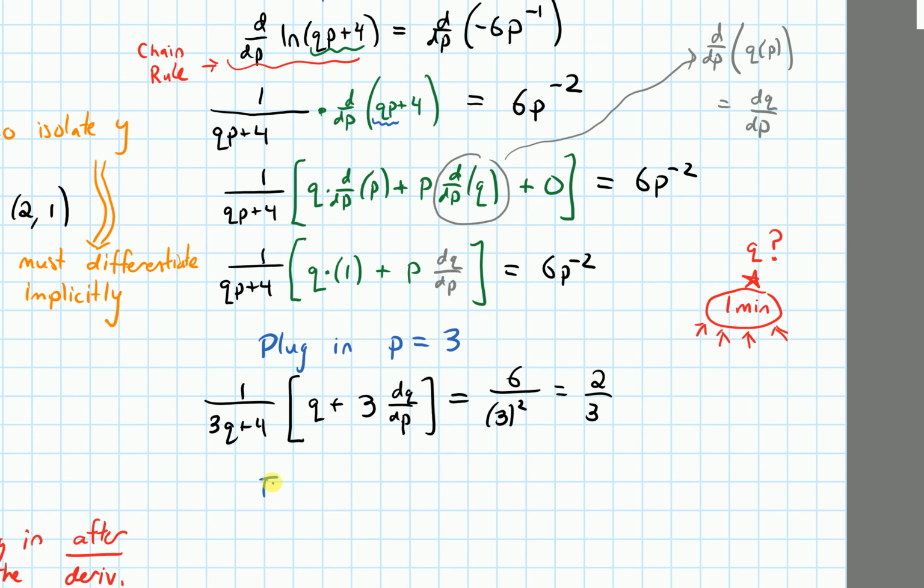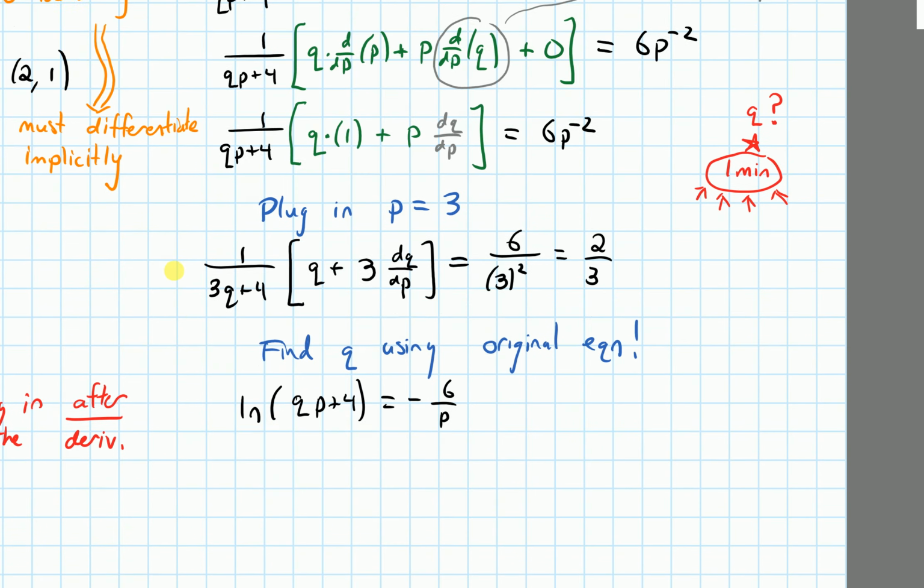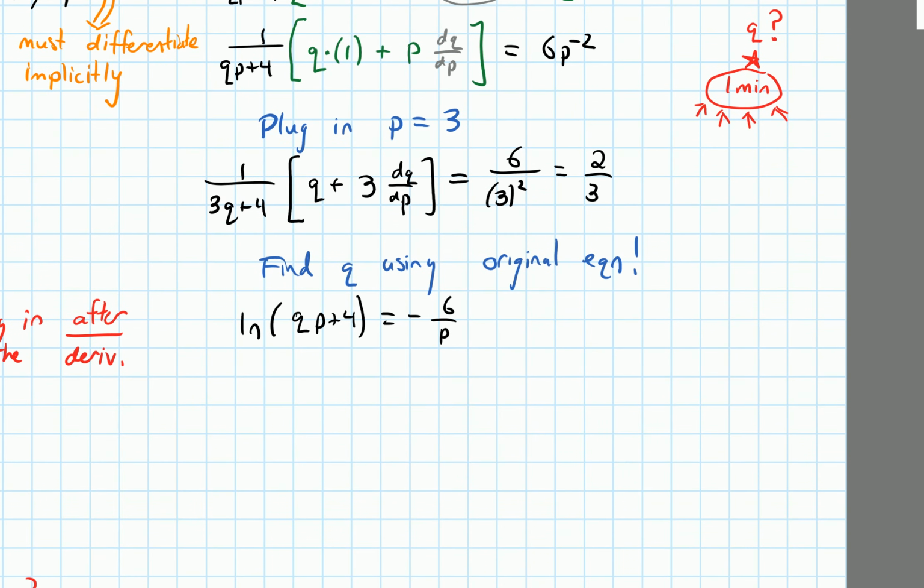Let's find q using the original equation. So remember, the original equation is ln of qp plus 4 equals negative 6 over p. And at this point, we are going to plug in our value for p, which was 3.